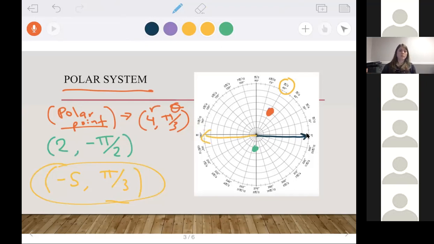So if we think about starting with our negative 5 and then a pi over 3, it is kind of thinking, let me count these out, 1, 2, 3, 4, 5, and then using a reference angle of pi over 3. I'm going to show you kind of how Desmos handles this in a couple minutes, because there are some interesting things that happen.